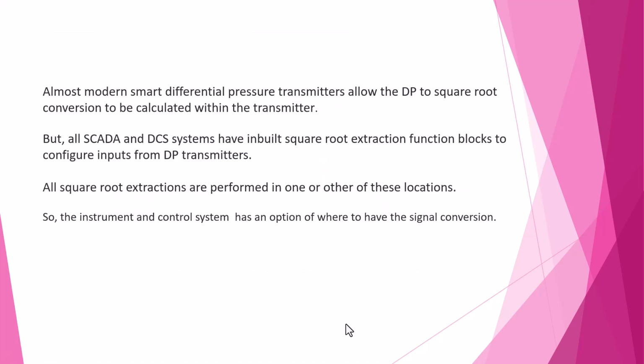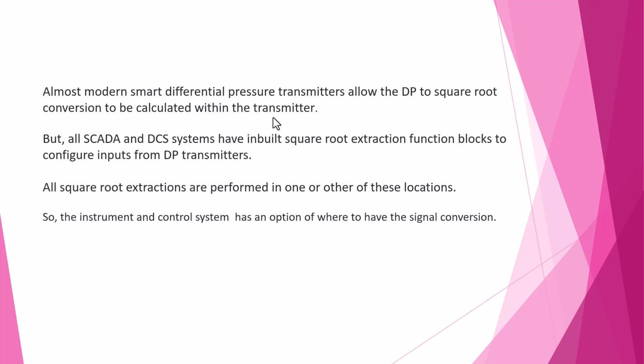Okay, almost all modern smart differential pressure transmitters allow the dP to square root conversion to be calculated within the transmitter. That means we always use smart transmitters, so we don't worry about square root extraction.